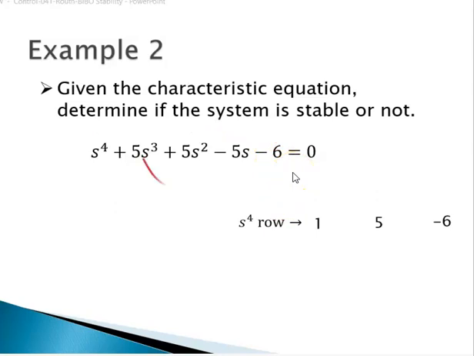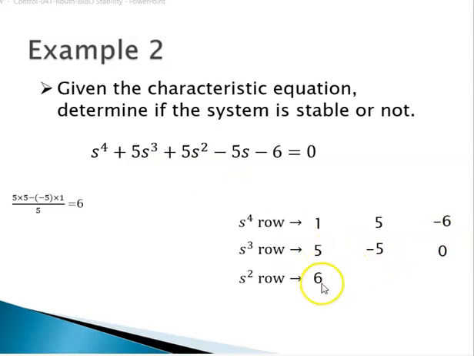Okay, first row is written, then the next row is 5, minus 5, 0, and look at the s square row: 6, and then minus 6. 5 into 5 is 25, 25 plus 5 is 30, 30 plus 6 is 36, divided by 5, you get 6 here. 25 plus 5 is 30, 30 divided by 5 is 6. Similarly, 5 into minus 6 minus 0 into 1 is minus 6.